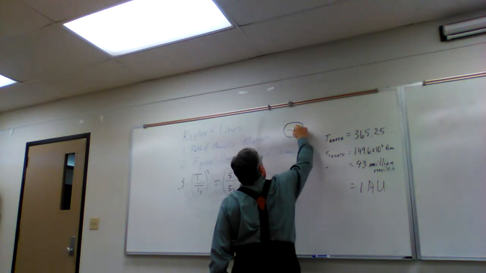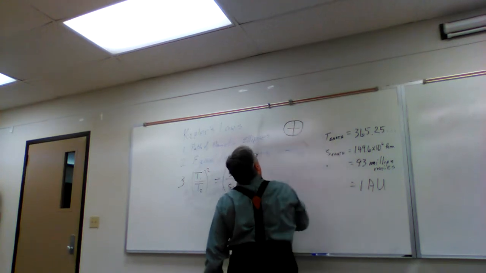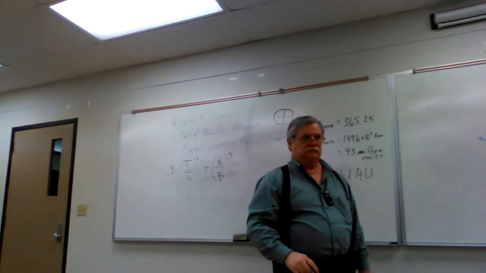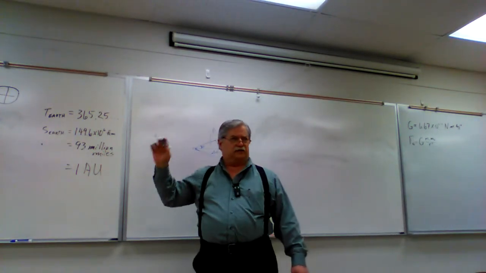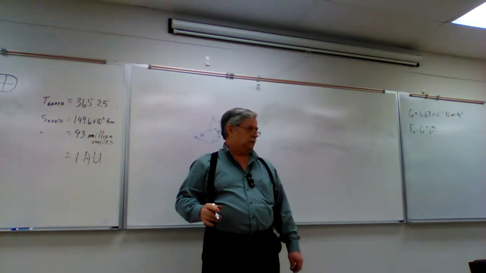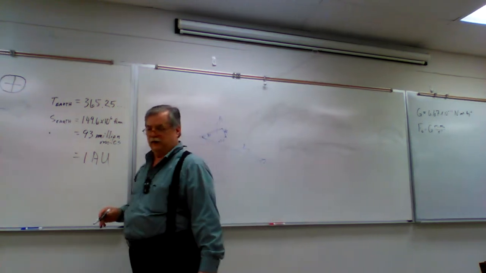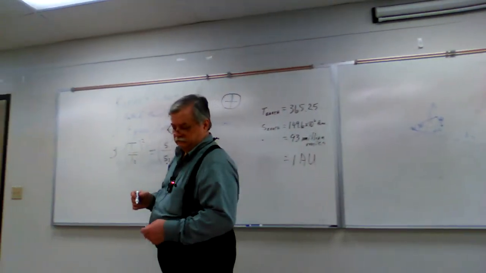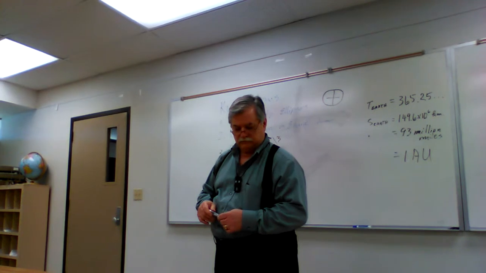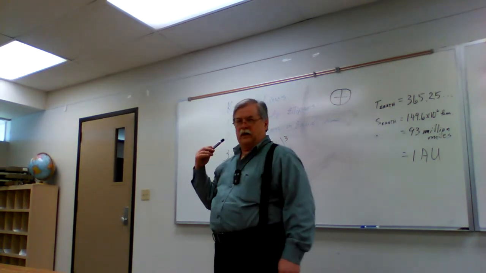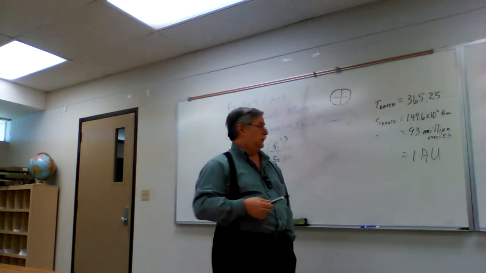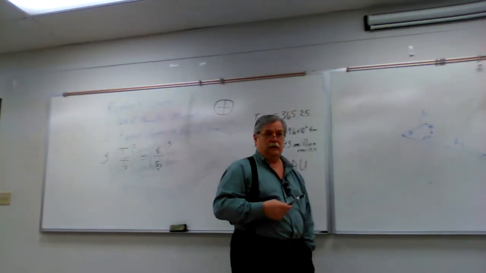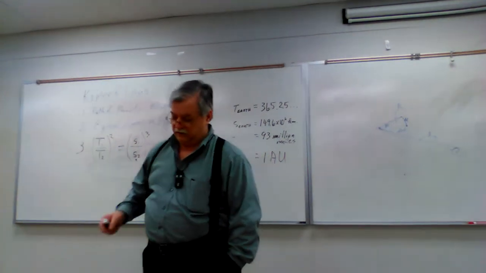It has a major axis and a semi-major axis. The mean distance from the sun is the semi-major axis of the ellipse, or based on the semi-major axis. That's why they call it S instead of R or D. S stands for semi-major axis.